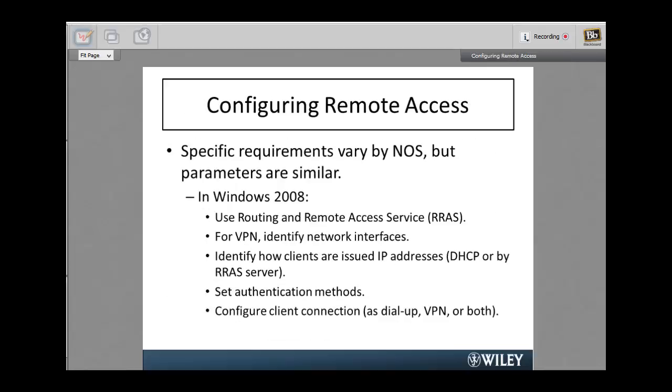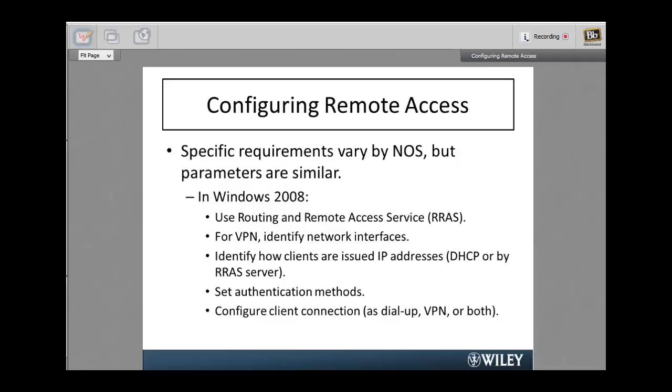For configuring remote access, specific requirements vary by the type of operating system, but the parameters are similar to the configuration of an access point, for example. It varies depending on the type of the networking device.